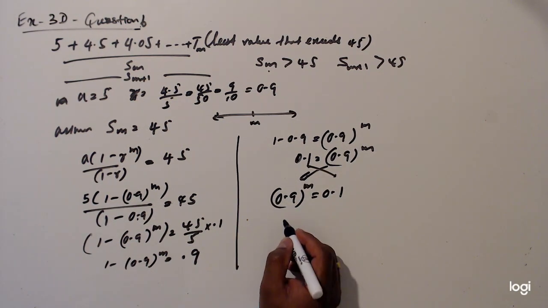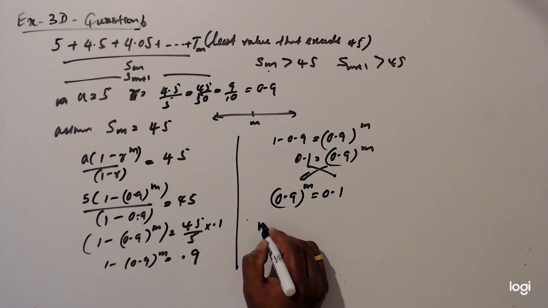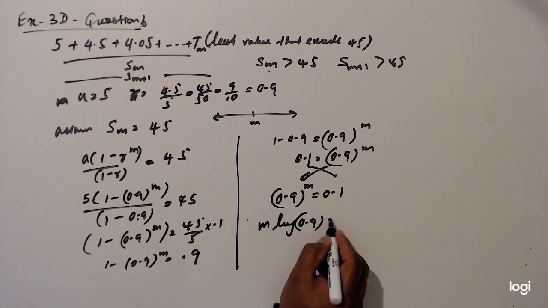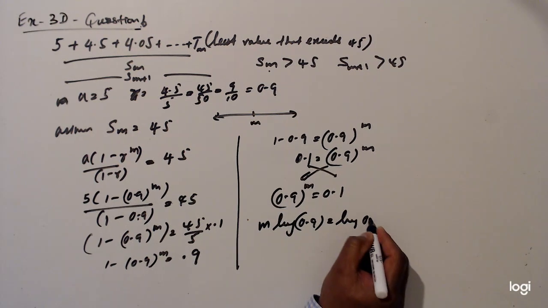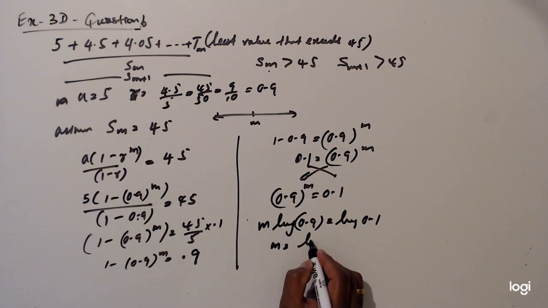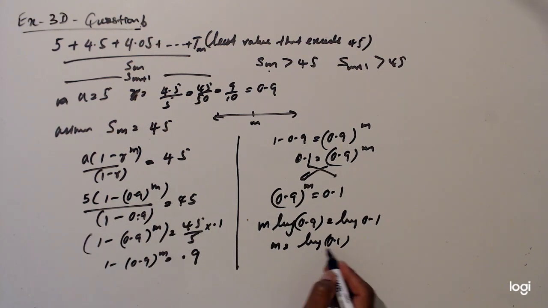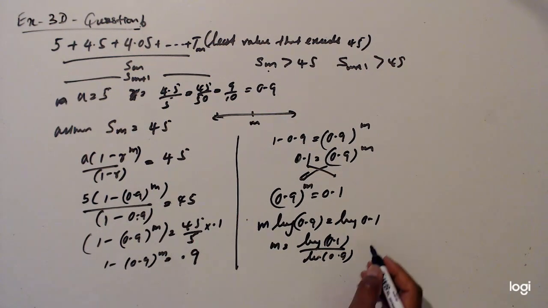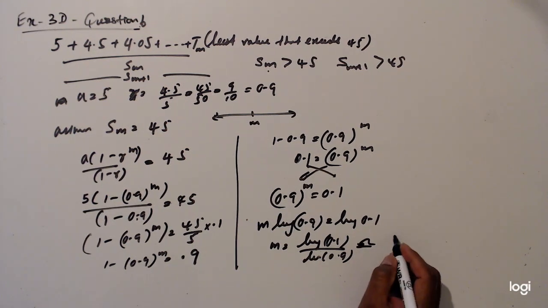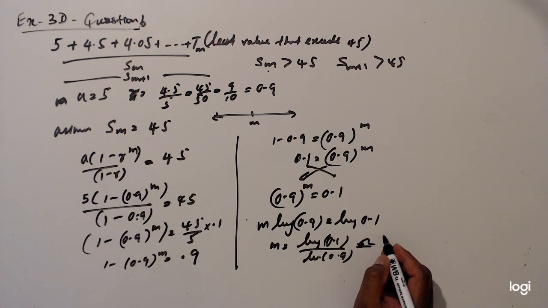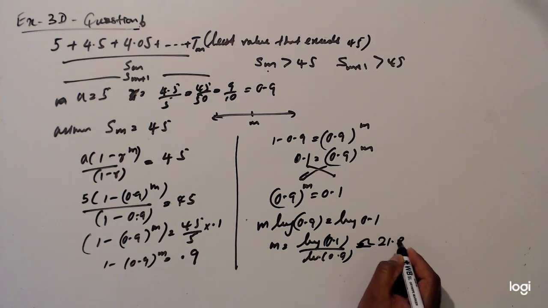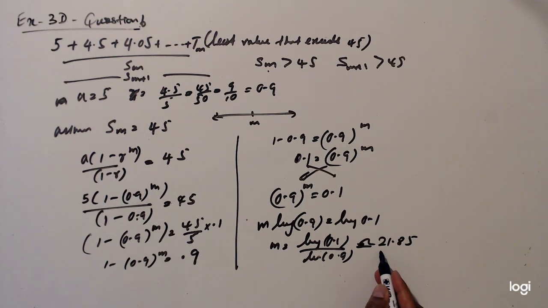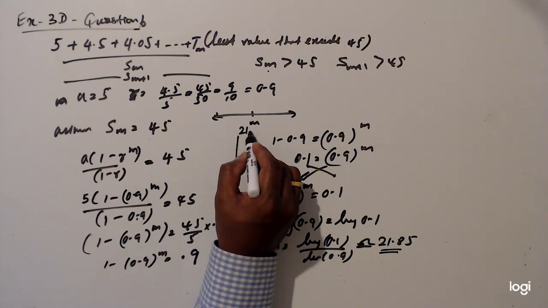So then we'll apply logarithms. m log 0.9 equals log 0.1. m equals log 0.1 over log 0.9. So m value is, we will get approximately 21.85, and this is non-integer, so 21.85.